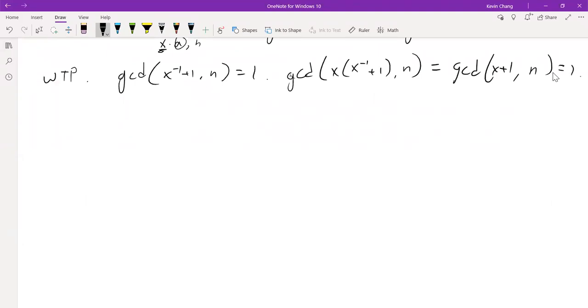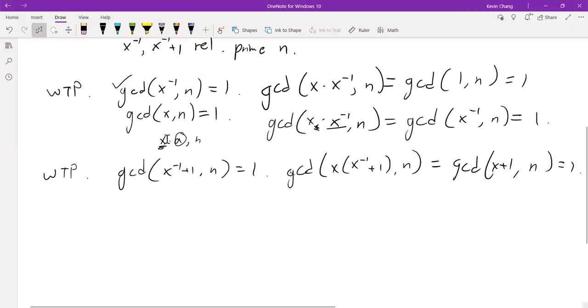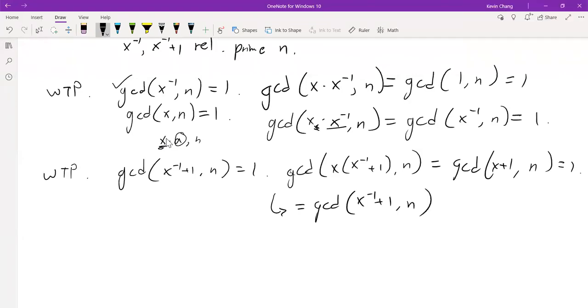And like our reasoning from above regarding the factors of x, if any factors were to be shared between x times a and n, the factors would be from a because x is relatively prime to n. And so this GCD is going to be equal to the GCD of just x to the minus 1 plus 1 comma n, because x shares no common factors with n.